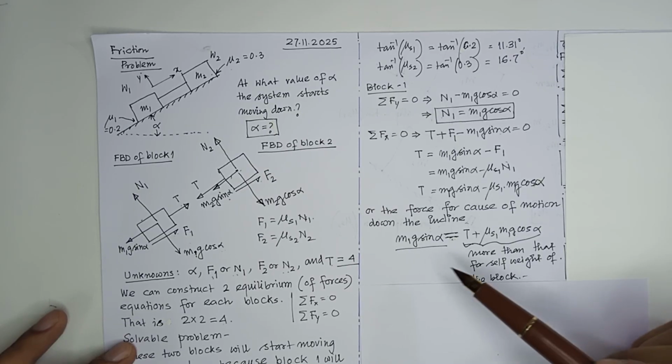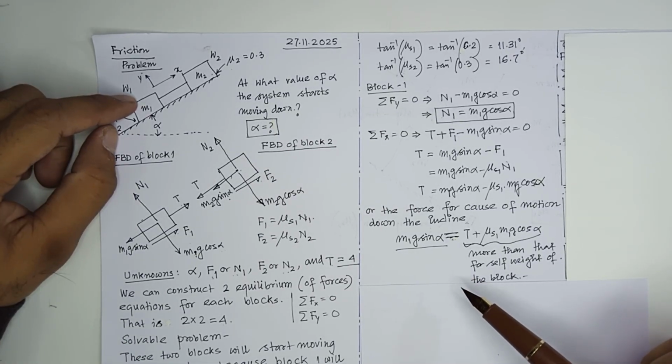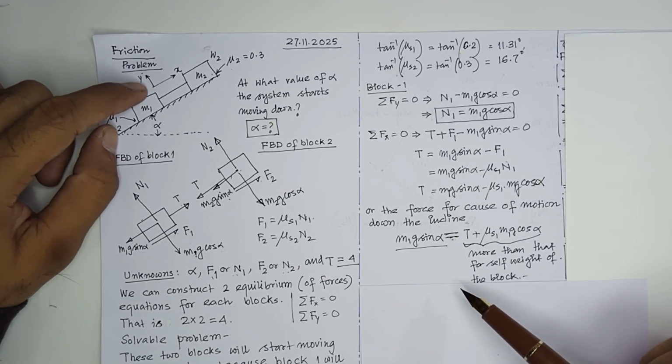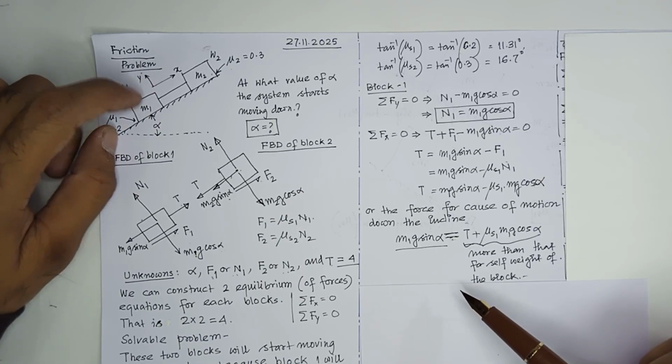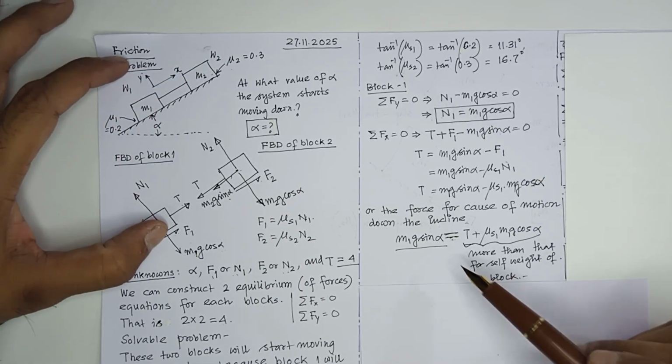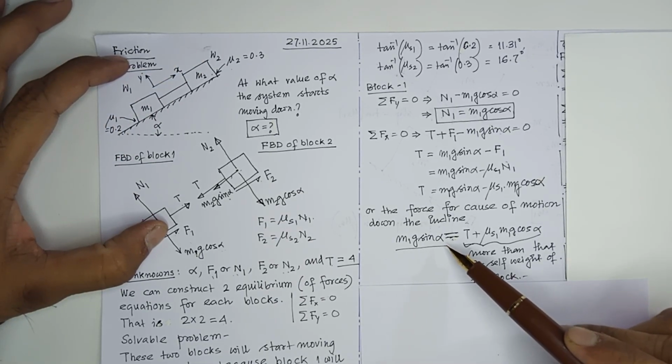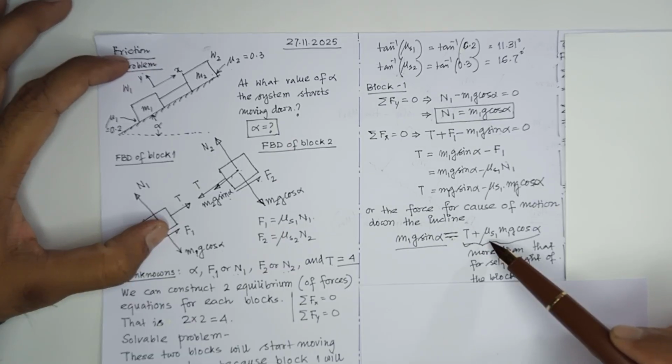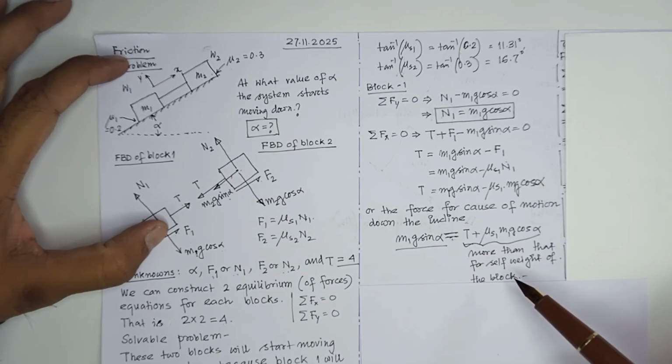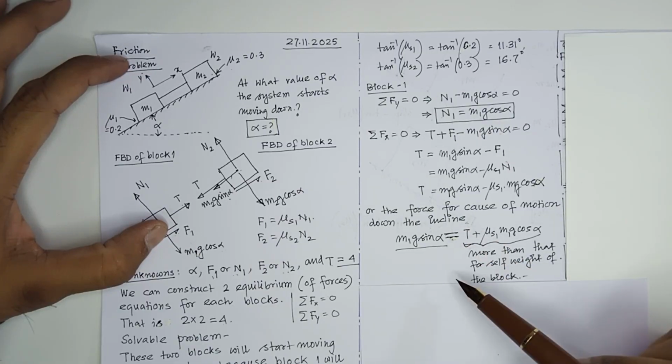In case of the block that was moving by self weight, that means when m2 was not there, m1g sin alpha would have been balanced by mu s1 m1g cos alpha, but here this tension is extra.